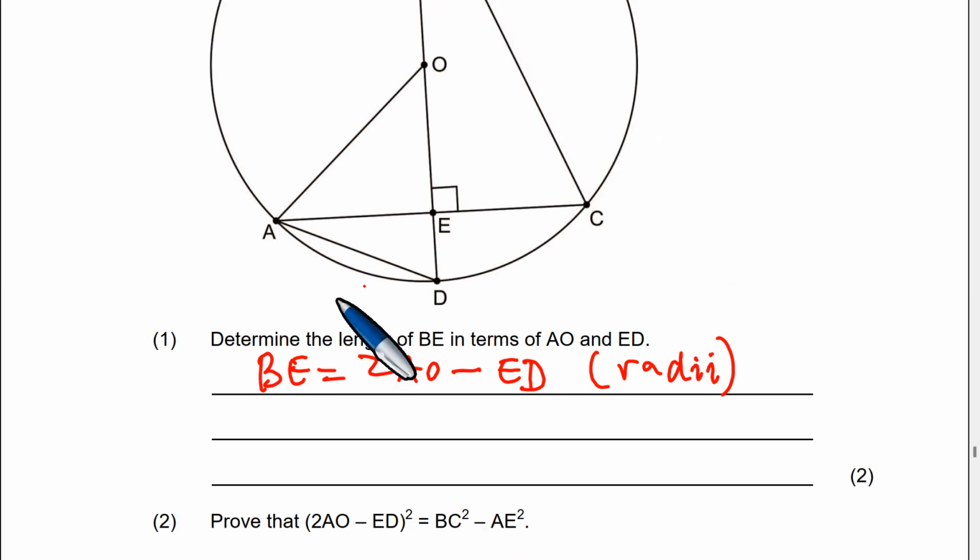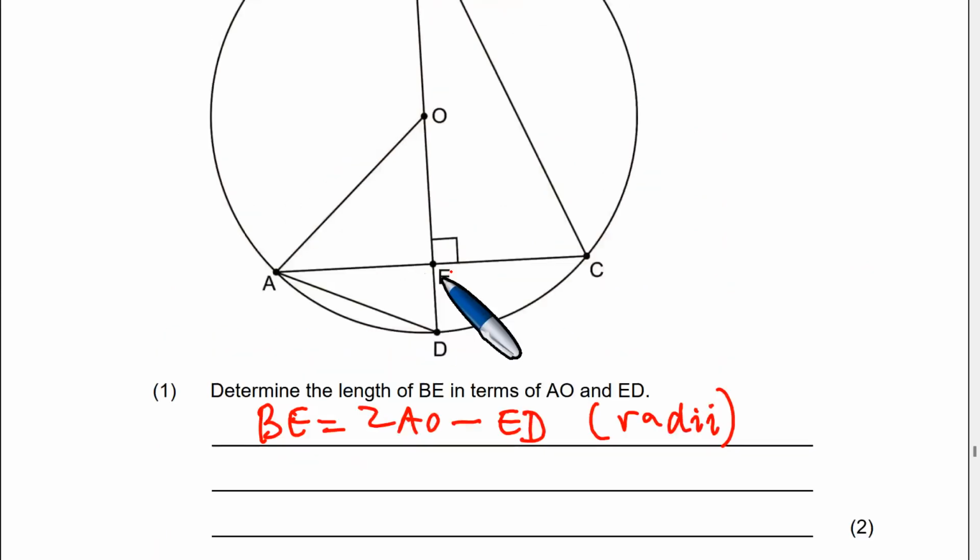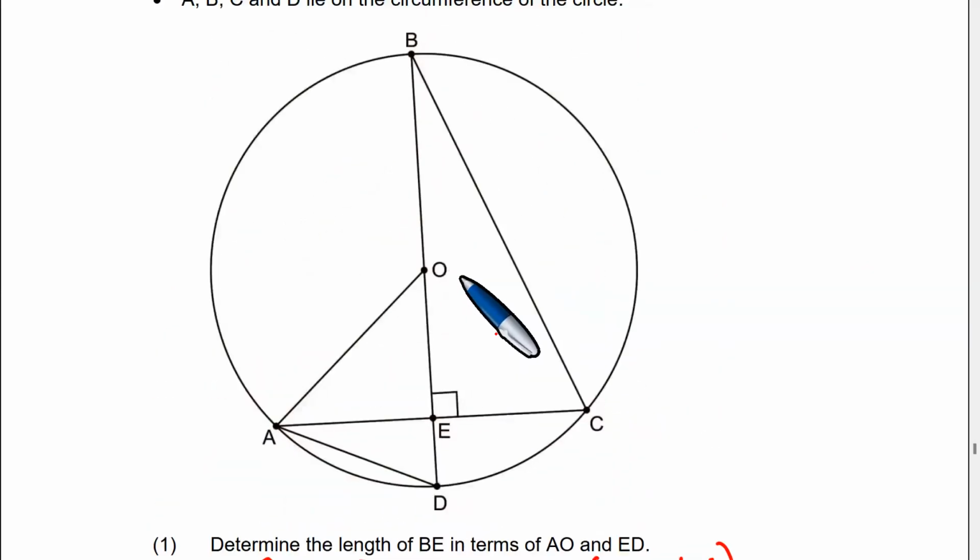But we know that if this is perpendicular, then AE is equal to EC, which is line from center perpendicular to chord. AE equals EC.